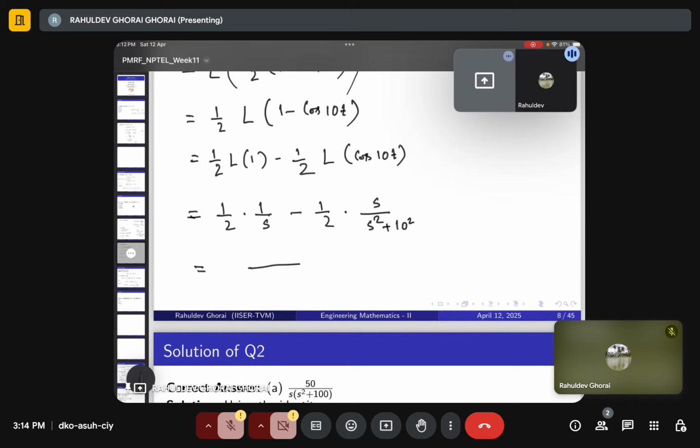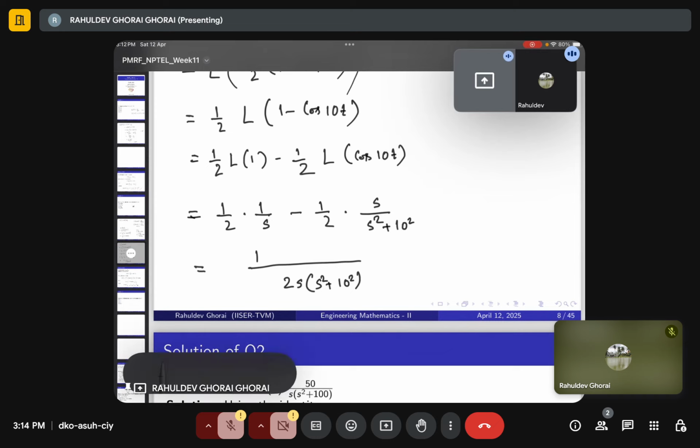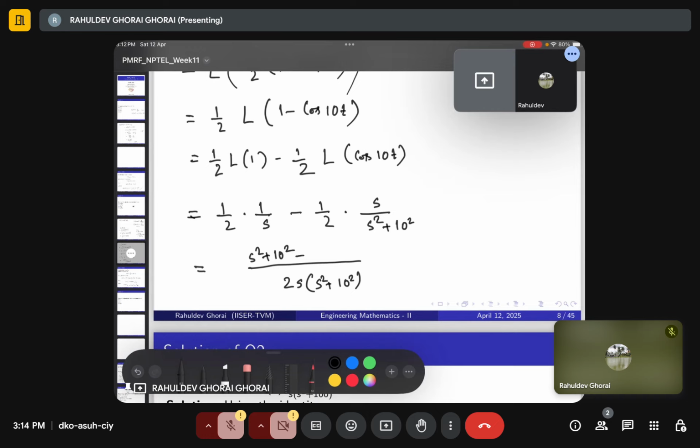We will have 2s times s square plus 10 square, this 2s times s square plus 10 square, minus s square, right?